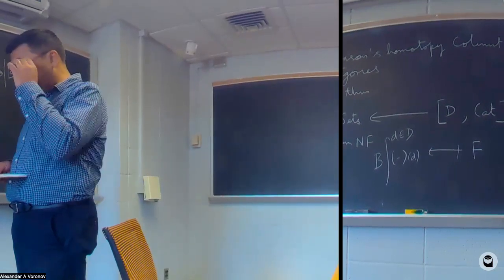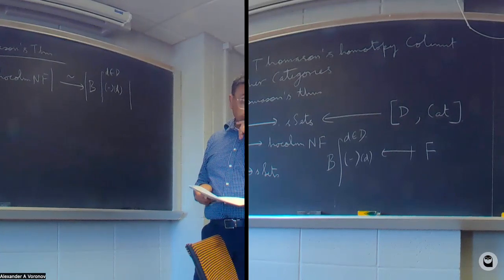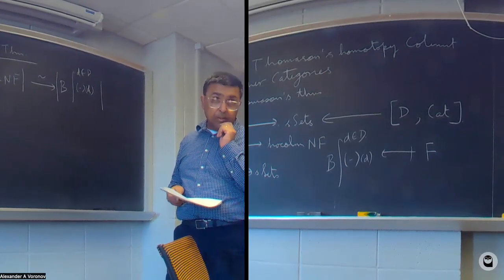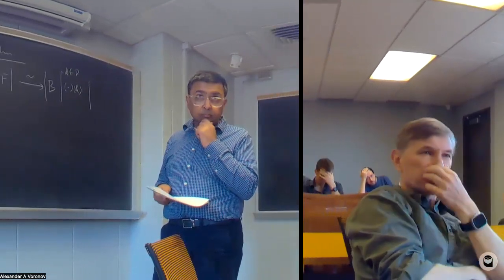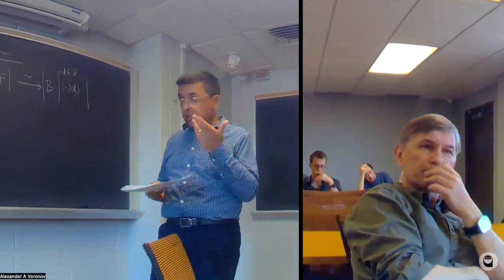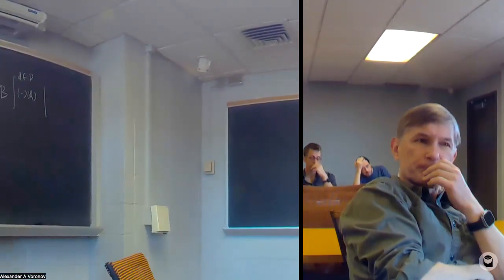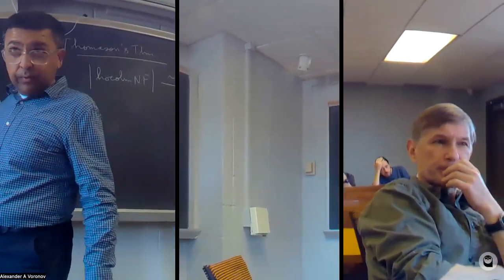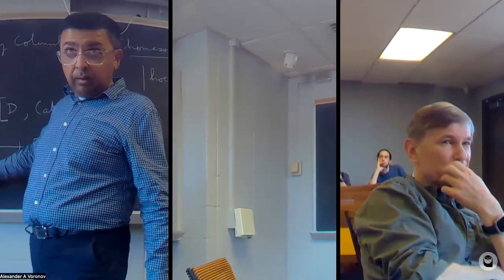Now, what is the difference? I didn't hear what Sasha was saying: is B then the classifying space, like the geometric realization of the nerve, or would you say simply the nerve? Well, it's the geometric realization. Yes, you could say that it's the geometric realization of the nerve of this. Yeah, what is your definition? I mean, I might say it, but what do you mean by it?